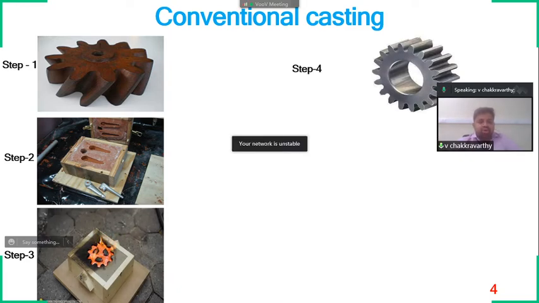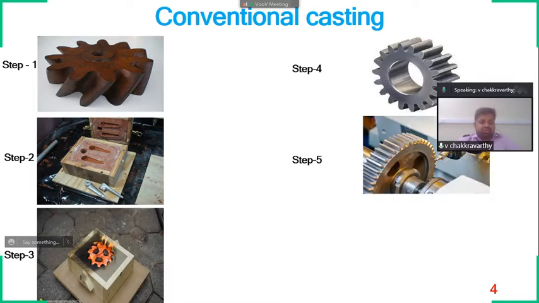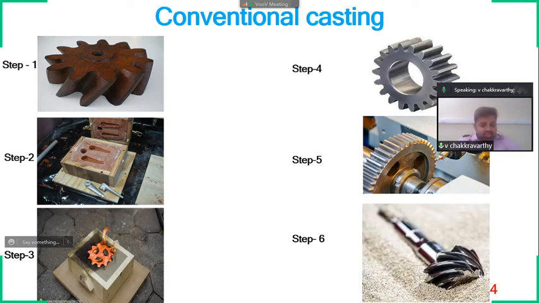Once we have acquired a final casting, do we think it is possible to use it in the as-cast condition? Definitely not. This cast component needs to undergo a lot of post processing. Post processing in the sense that it can undergo some machining process, or some polishing process, or even some kind of heat treatment processes.